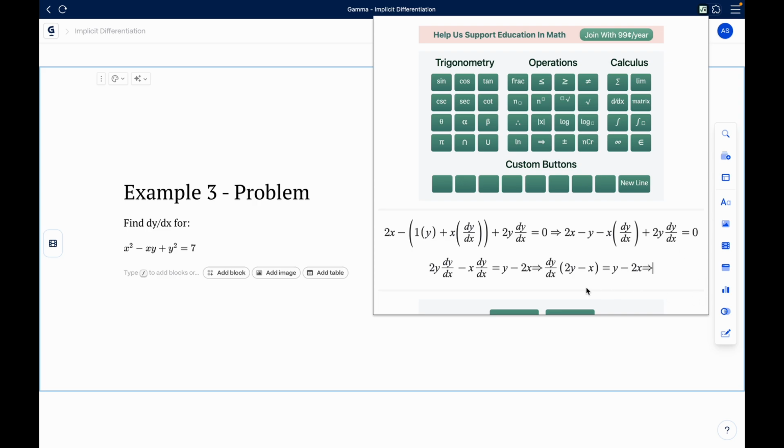After that, all we need to do is divide both sides by 2y minus x, and we get our answer, which for this problem is equal to y minus 2x all divided by 2y minus x.